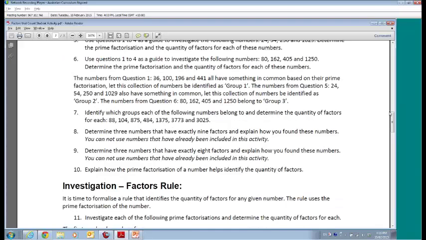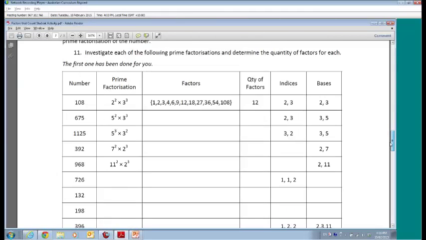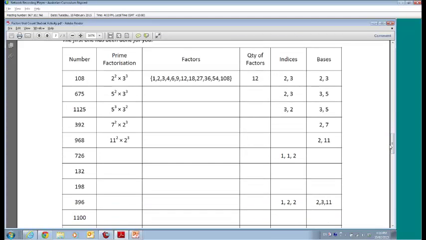Then it gets students to investigate another set of numbers: the 88, the 104, 875, and so on in question 7. It says these all belong to another group of numbers. How many factors do they have? Then eventually the students are led on to the last part of the investigation, where they start trying to tabulate their information. This is about trying to teach students to problem solve.